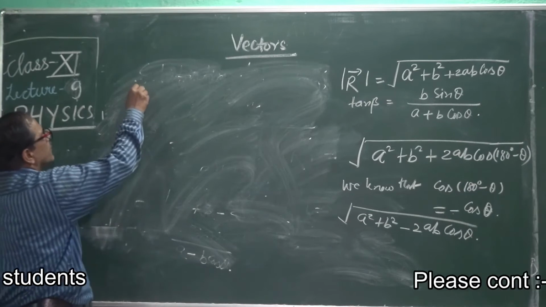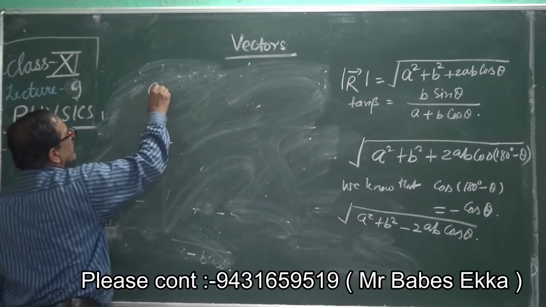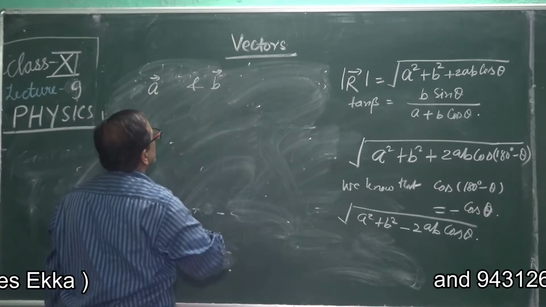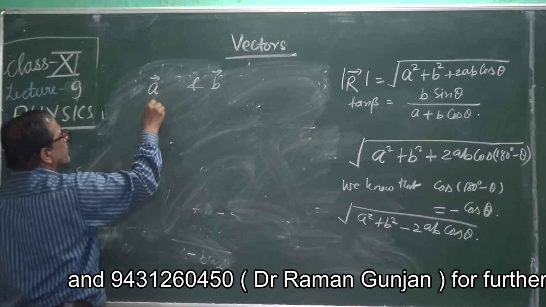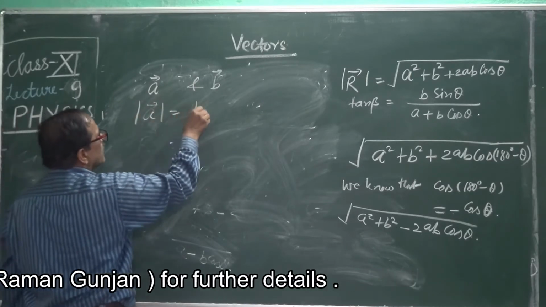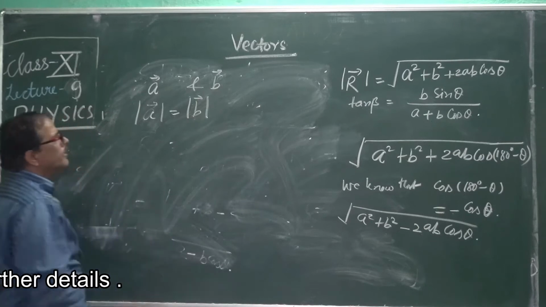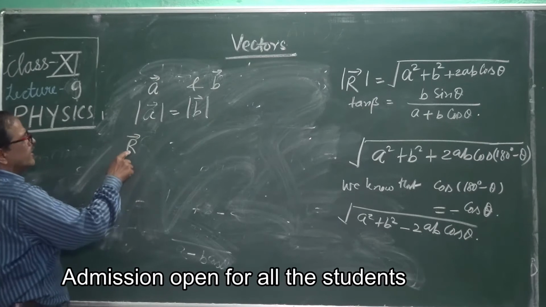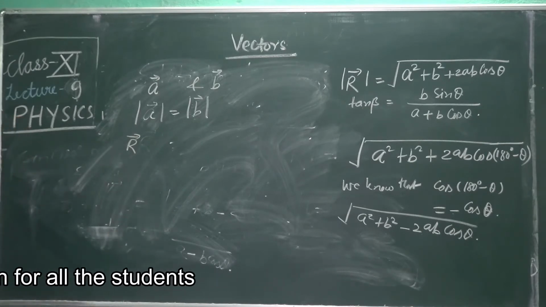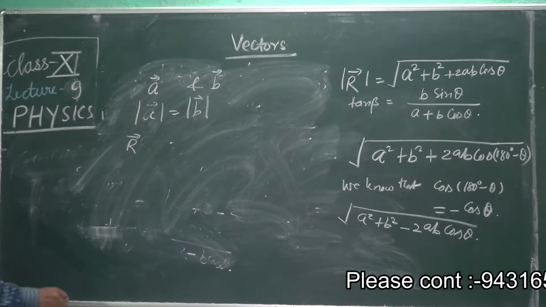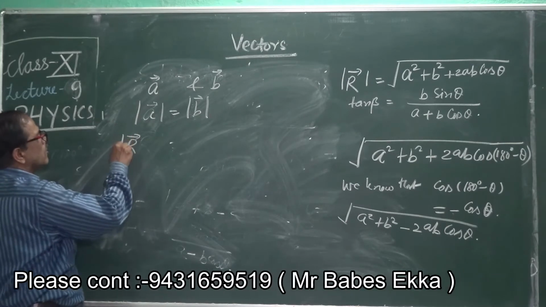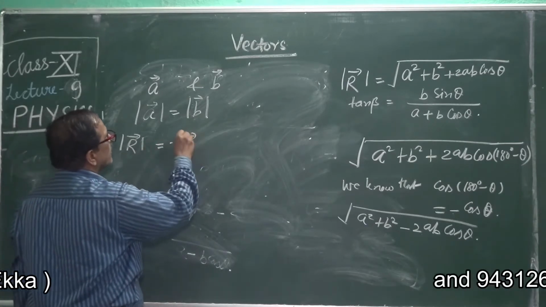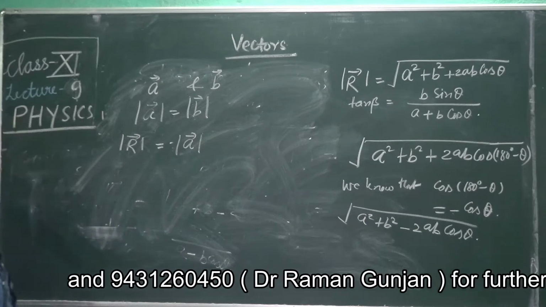Here in this problem, vector A and vector B. Magnitude of vector A is the magnitude of vector B. If they are added, the resultant vector is this one, and also it is given that magnitude of vector R is the same as the magnitude of vector A.